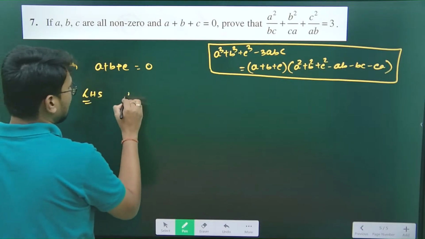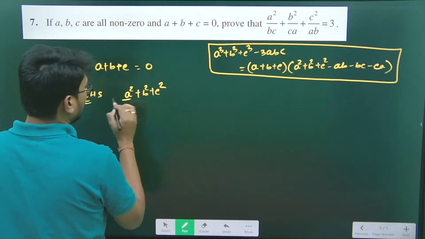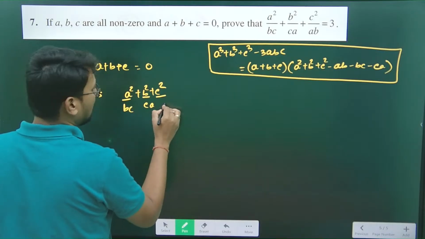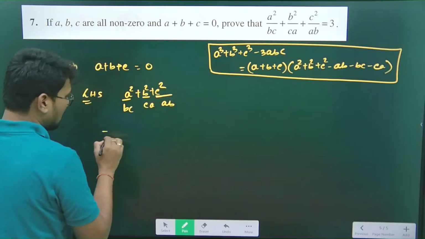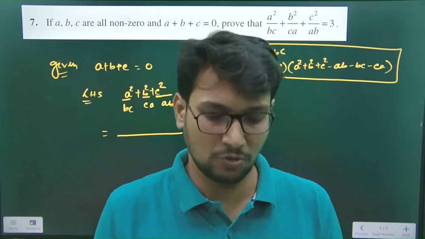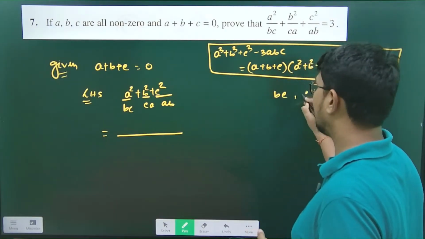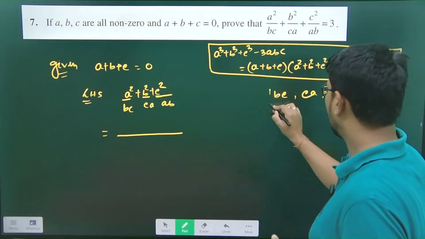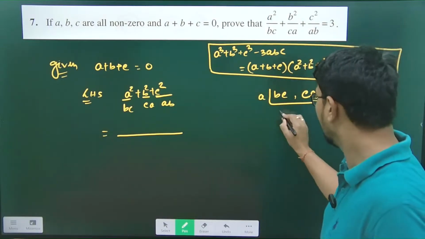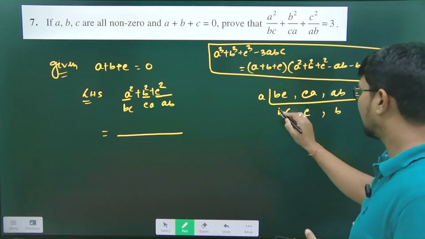What is the LHS? It is a²/bc plus b²/ca plus c²/ab. So what is the LCM of bc, ca, and ab? Do you know what it is? To find the LCM, let us divide each term by a. You get bc, c, b.